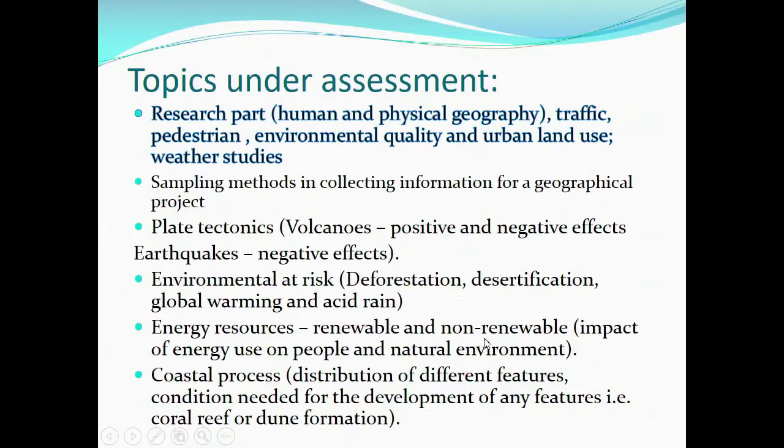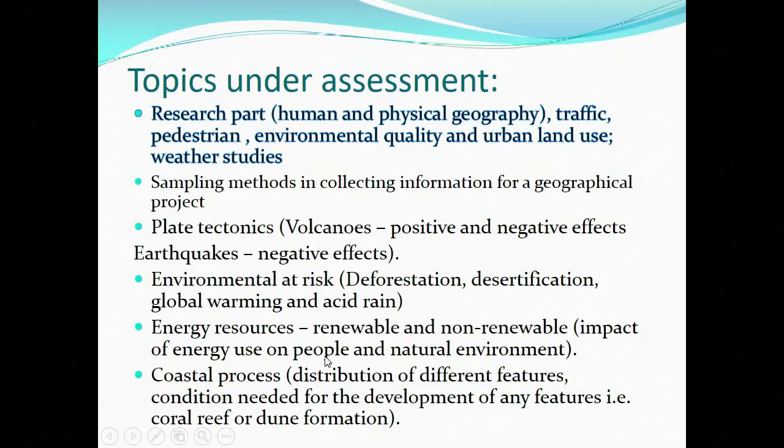You must also study and understand what is meant by renewable and by non-renewable. You can also look at the energy that we use, and how this use of energy impacts or affects our environment, either on people or on the natural environment.